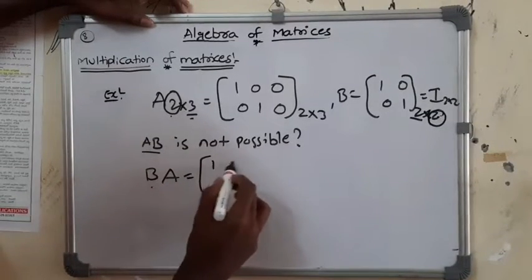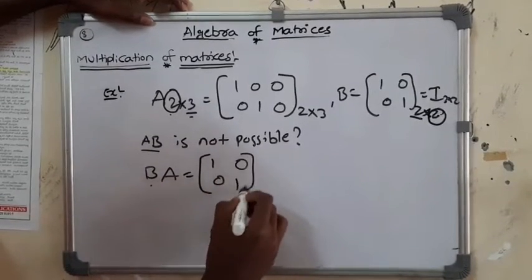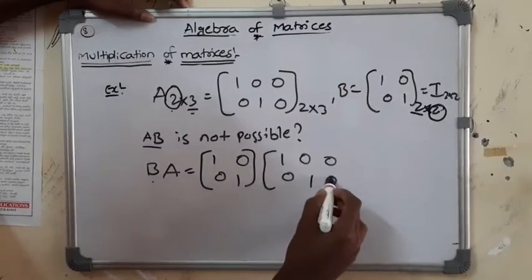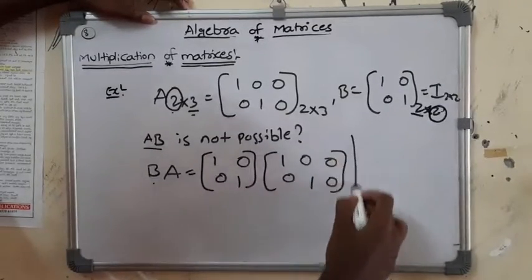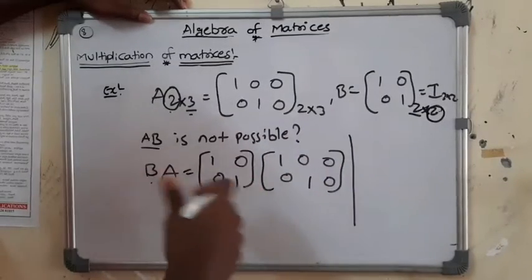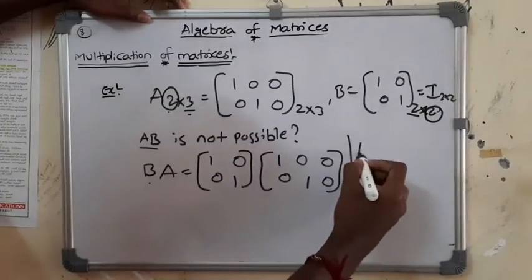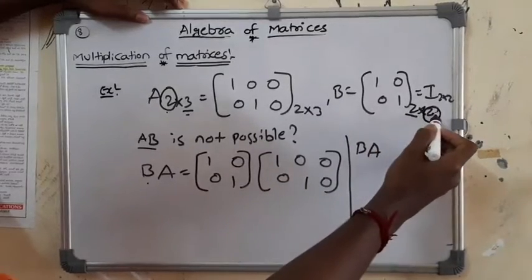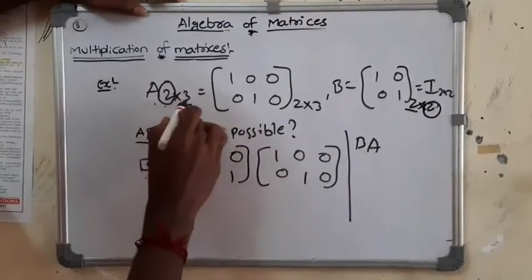Here B is equal to 1 0 0 1 and A equals 1 0 0 0 1 0. We also know that without calculating these steps we can expect the order of the resulting matrix. That is, what is the order of BA? Here B is a matrix of 2 by 2 order and A is a matrix of 2 by 3.